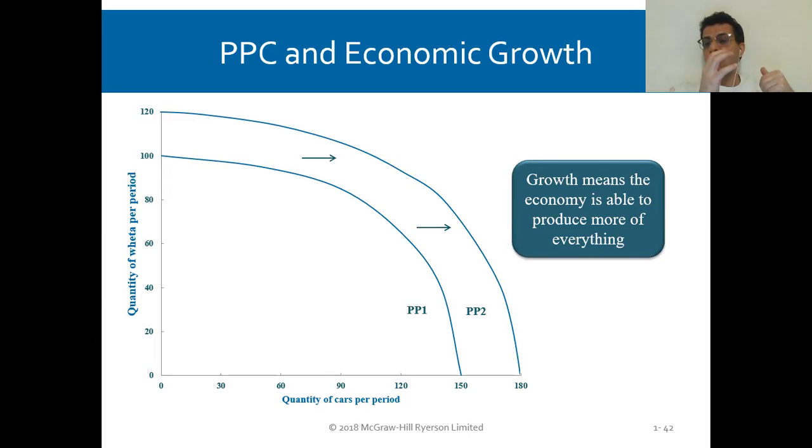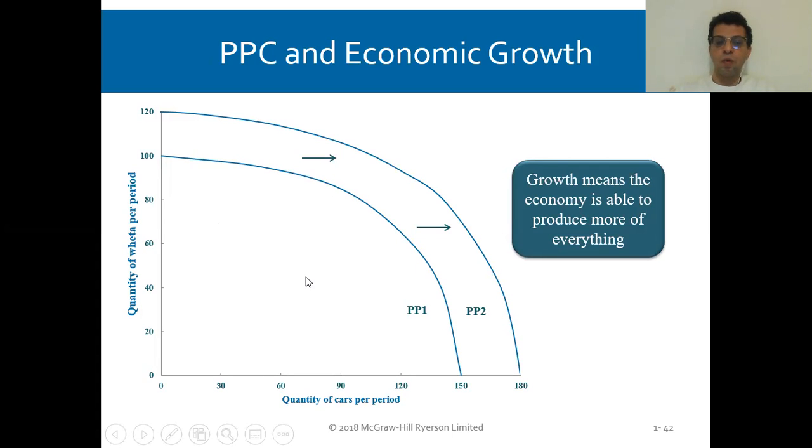So the technology, the know-how increases, utilizing the chainsaw much better, easier, all affecting the growth. So with a technology improvement, you might have this shift that you can see here, increasing the quantity of wheat per period and quantity of the cars.